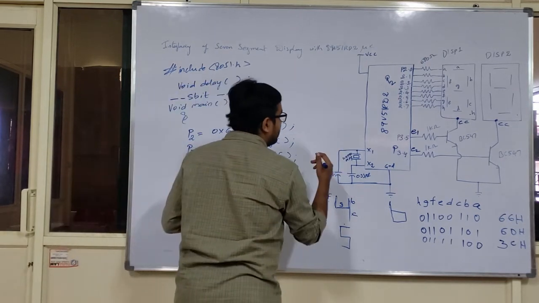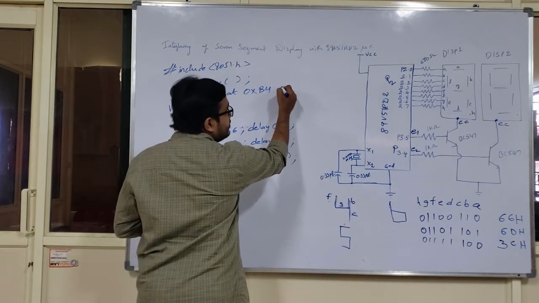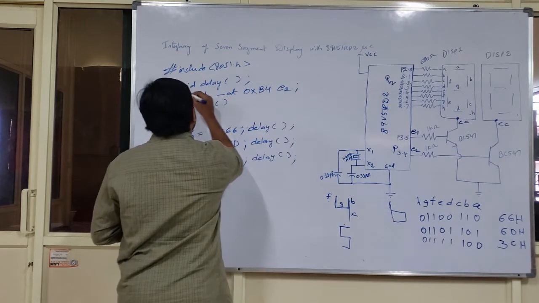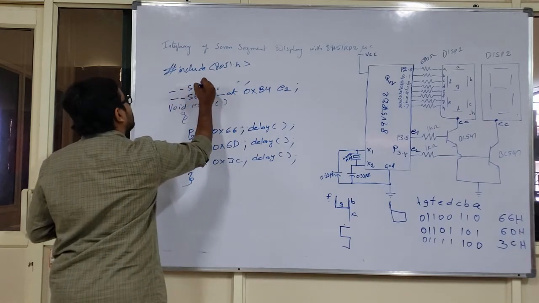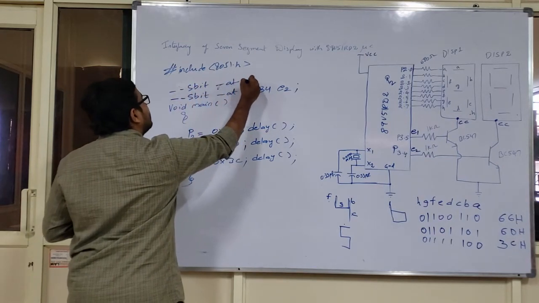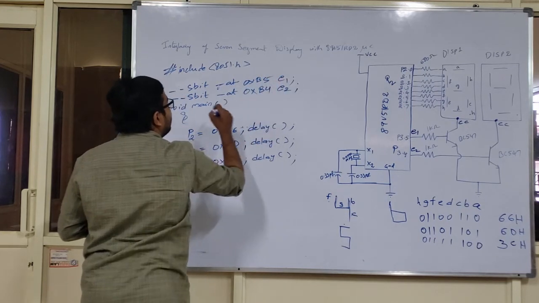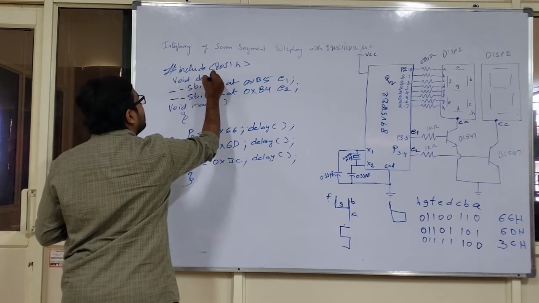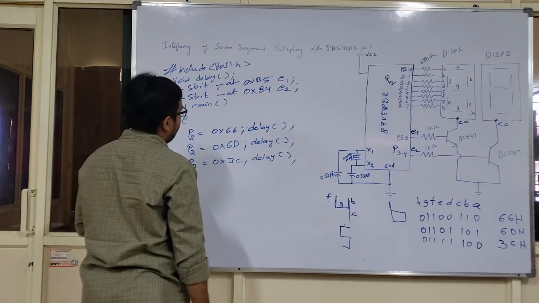Port 3 is nothing but 0xB4, and this address location is named as E0, and the next address location is sbit at 0xB5, which is being given the name E1, and the prototype declaration, that is void delay, I am keeping here. Okay, everything is completed.